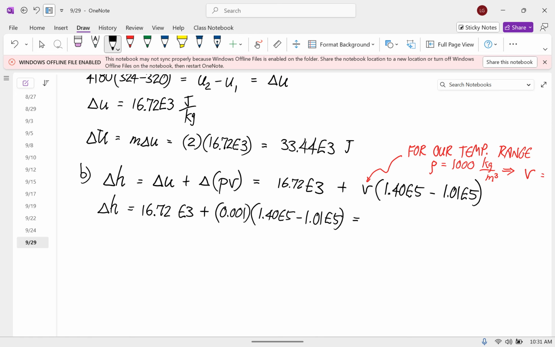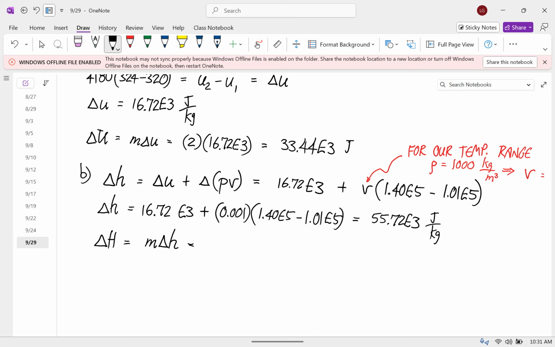Okay, so do this and it comes out to 55.72 times 10 to the third joules per kilogram. We want the change in the extensive enthalpy. So this is equal to the mass times the change in the specific enthalpy.